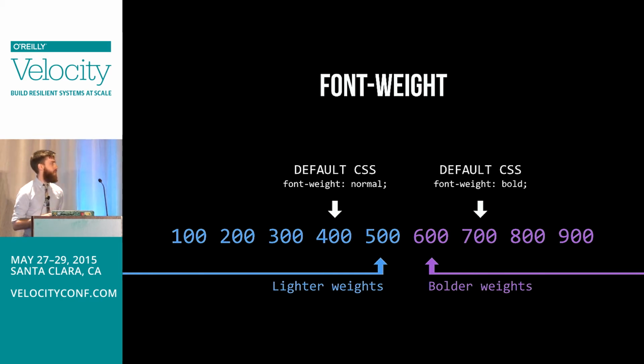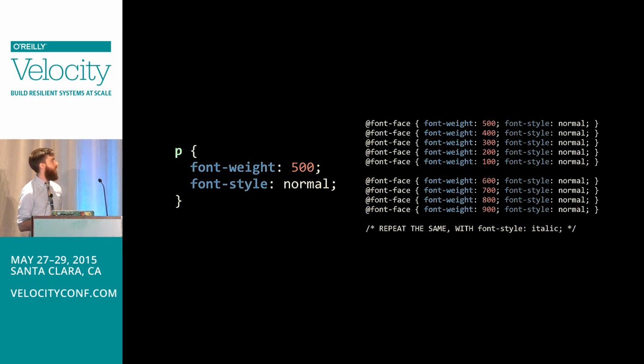So inside of font face, there's kind of a division when it comes to font weights. There's lighter weights, which go from 500 and on down. There's heavier weights, the bolder weights, which go from 600 to 900. And this is important when it comes to determining what font is going to be downloaded. So say, for example, we have an element with font weight 500, font style normal.